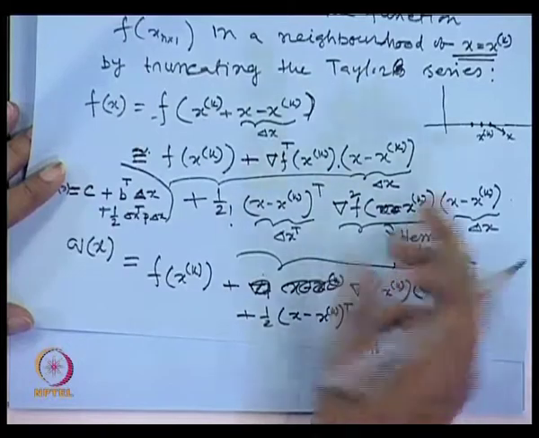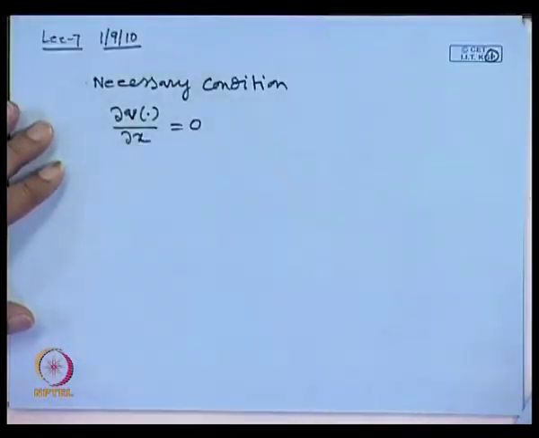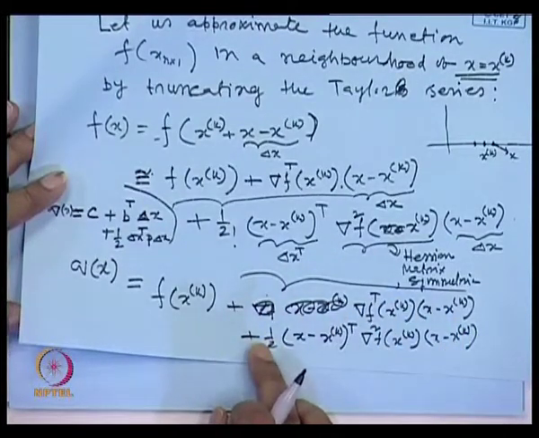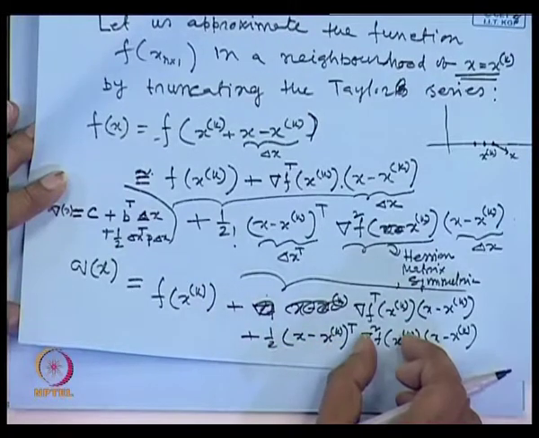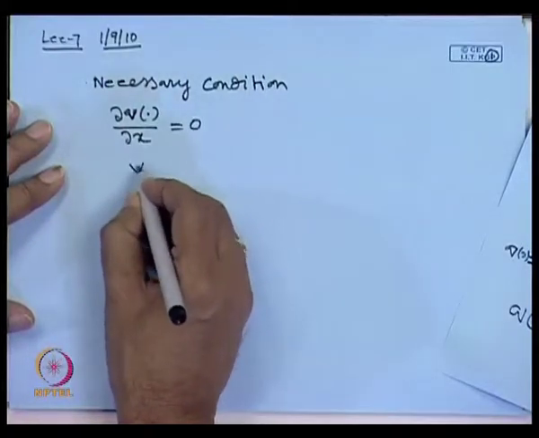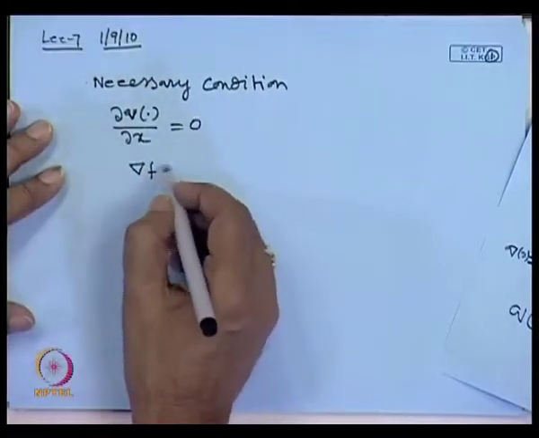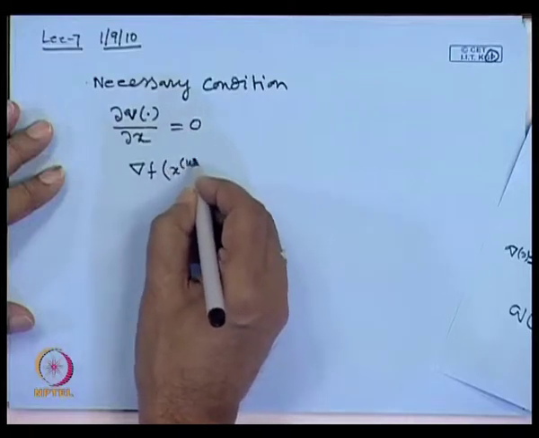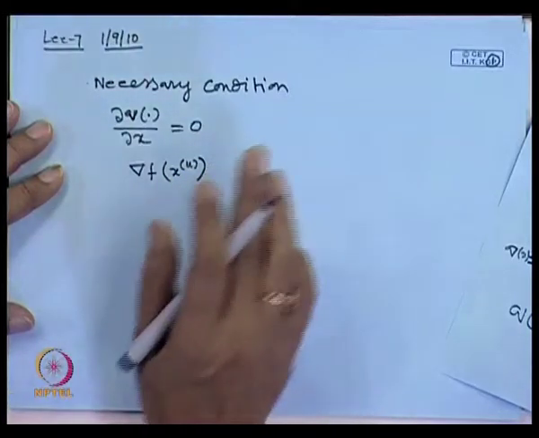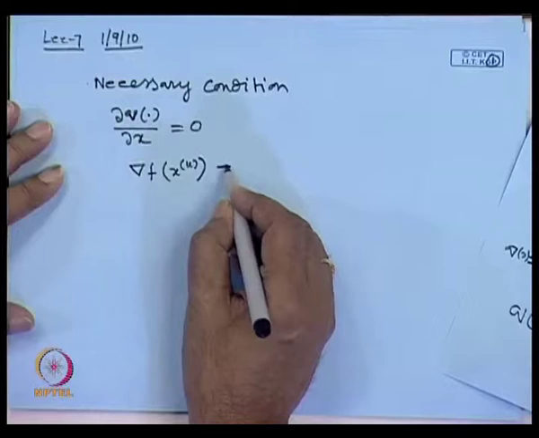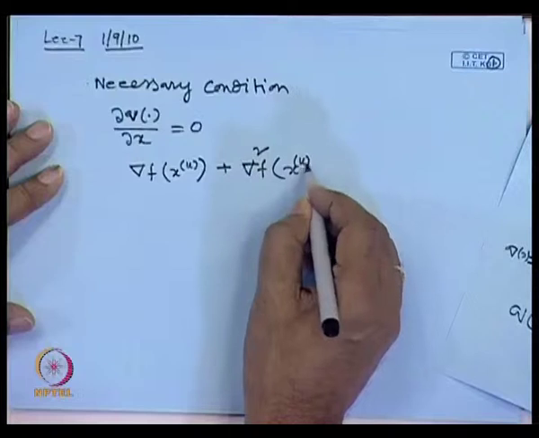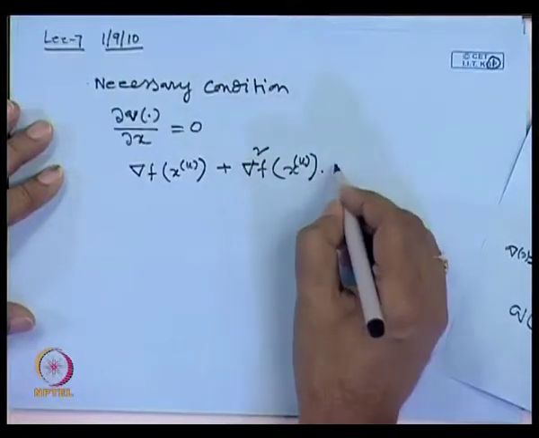Applying that result, this term gives b, and the other term, with the half, gives twice P into x. So after differentiating, we get the gradient of f at x equal to x superscript k, the kth point, plus the Hessian, delta square f of x superscript k, into delta x.